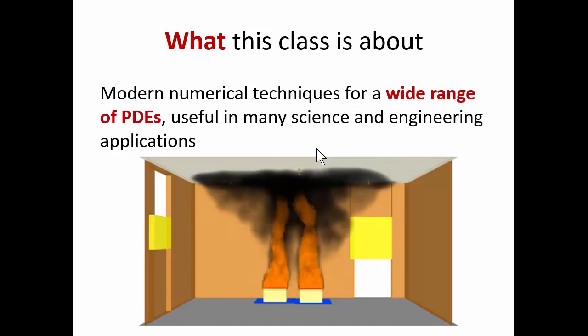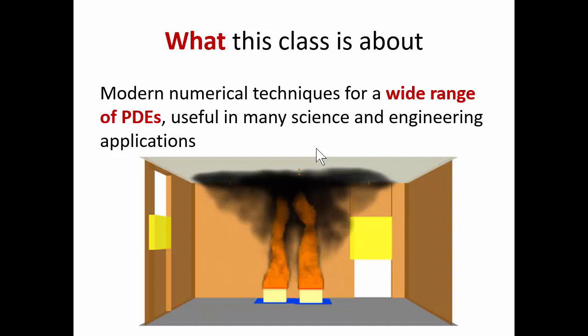Another example is that the design of this very building we are sitting in may be a result of solution of partial differential equations. The building codes, like where you should put smoke detectors and automatic sprinklers, are designed around possible scenarios of fire.